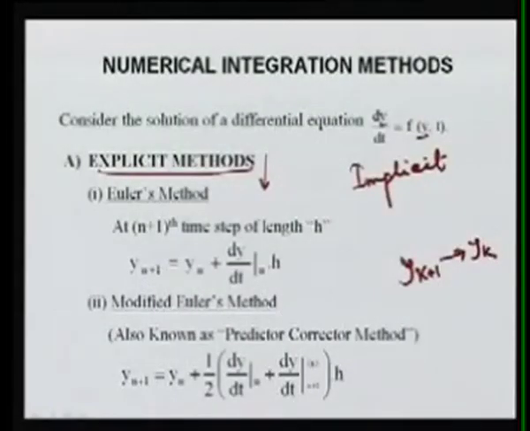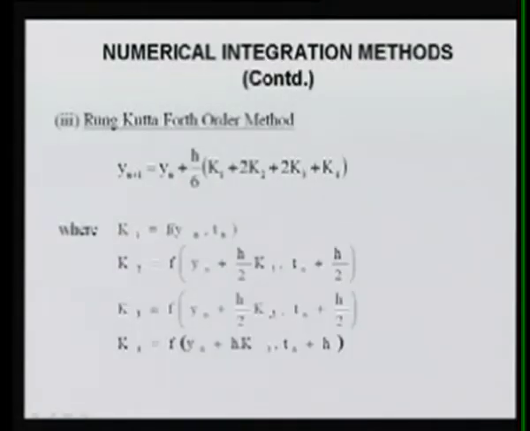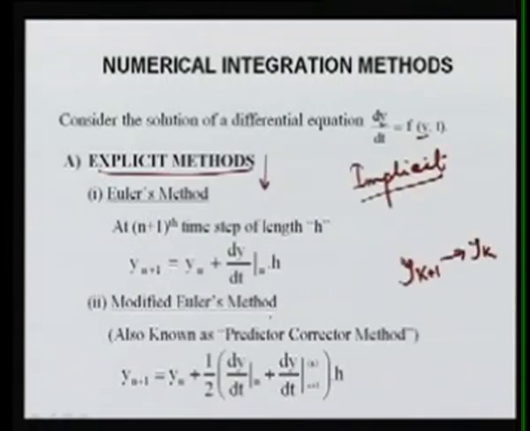So the two methods are the implicit method and the explicit method. In the explicit methods, the Euler method, modified Euler method, and Runge-Kutta methods are very common. However, the implicit method, the trapezoidal rule of integration, is very well known, and in this method an interpolation technique is used.